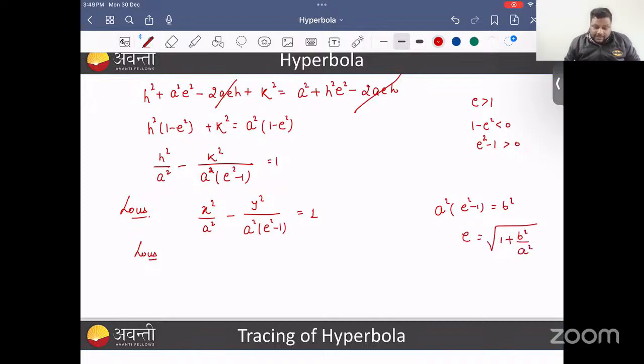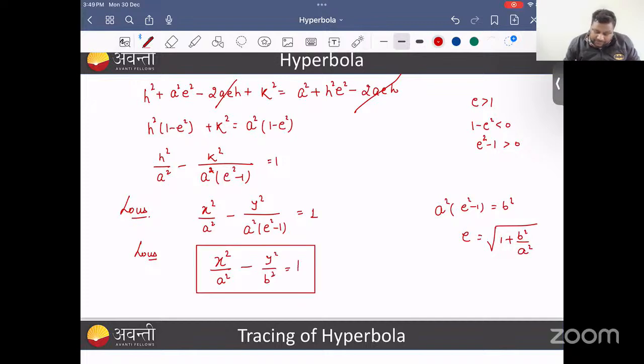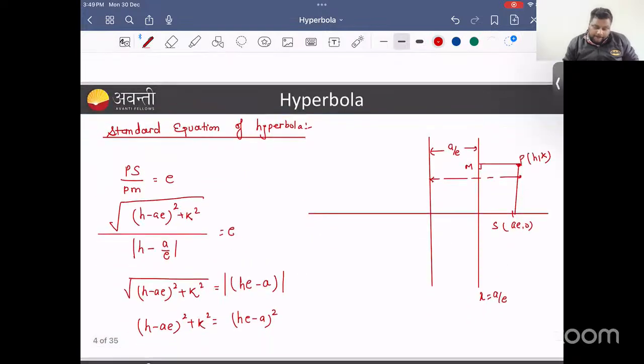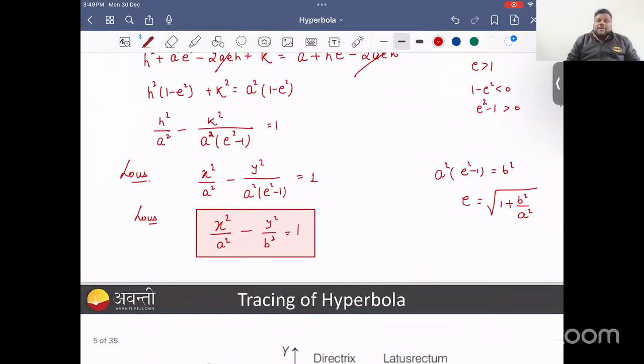Correct? And the equation of hyperbola is x square upon a square minus y square upon b square equals 1. Got it? Have a look.